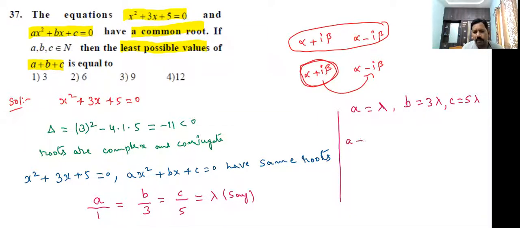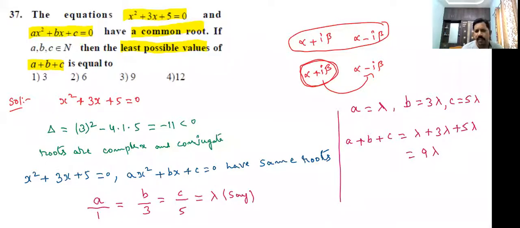Now the sum a plus b plus c is equal to lambda plus 3 lambda plus 5 lambda, totally 9 lambda. Here they are asking the least possible value of a plus b plus c.